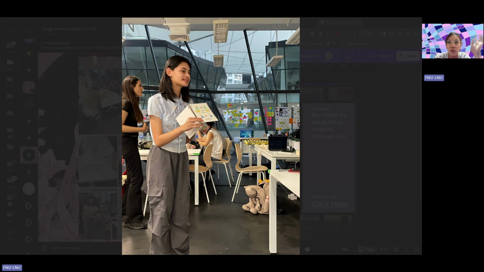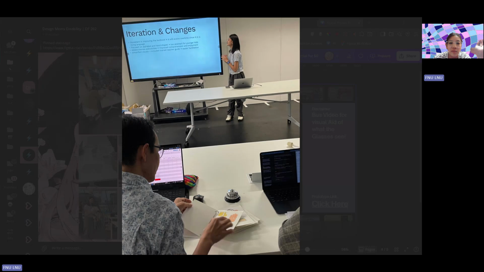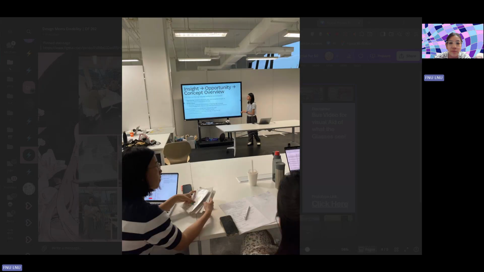Her target audience was the younger generation. She does a workshop where she teaches students with this book that she's holding in her hand how to interact with people with hearing disability. This is a few of the images.